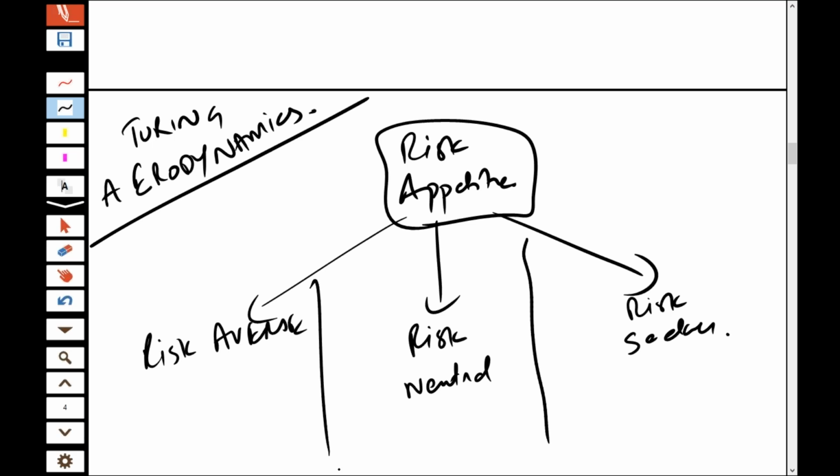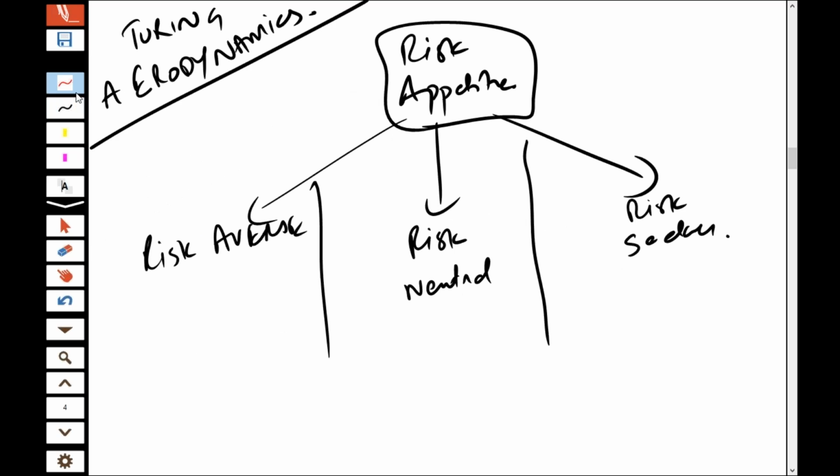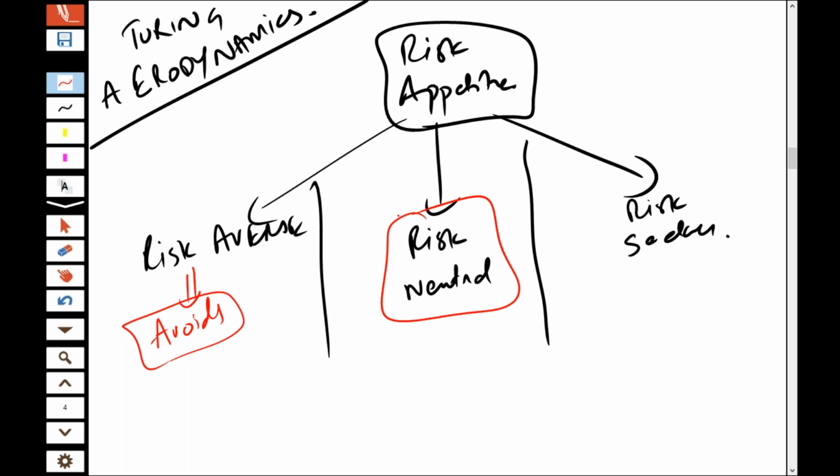Now, what exactly do you mean by this? An entity which has a risk averse approach avoids every possible type of risk. Let me repeat. An entity which has a risk averse approach avoids every possible type of risk. Whereas the risk neutral entity would avoid risk to a certain extent and it would take risks to a certain extent.